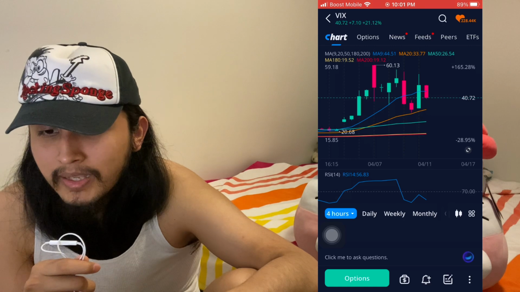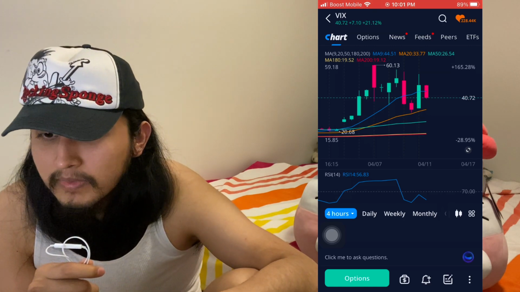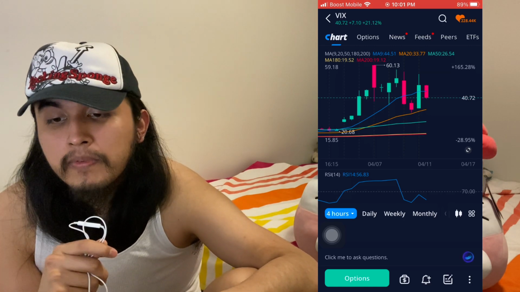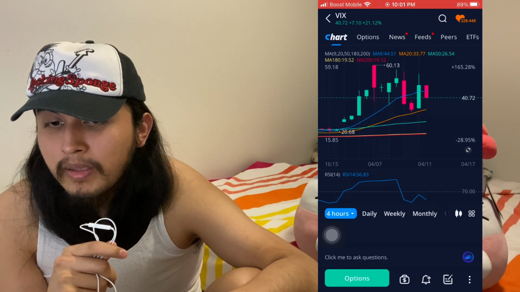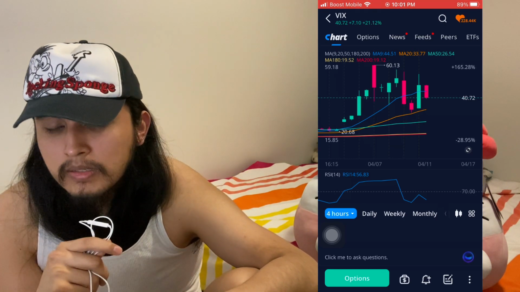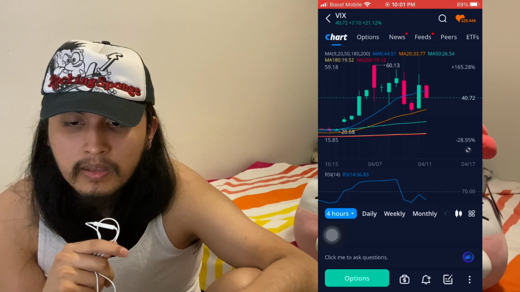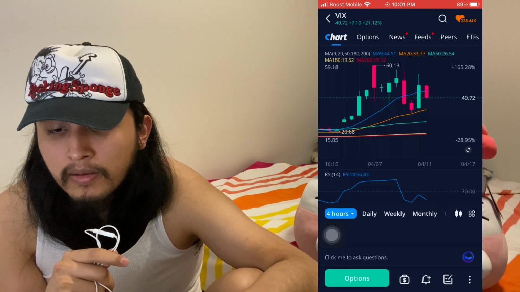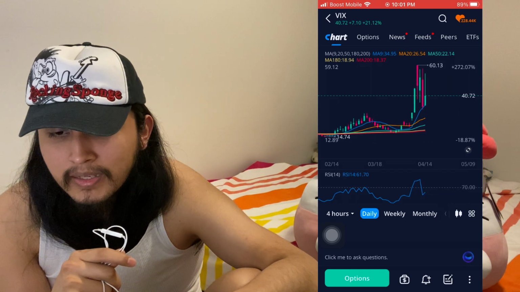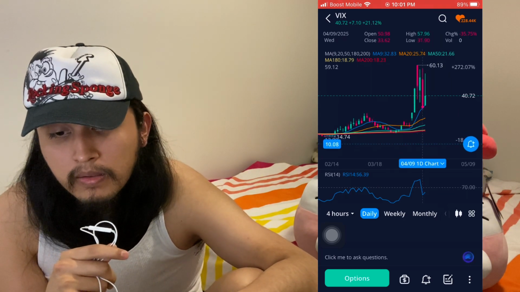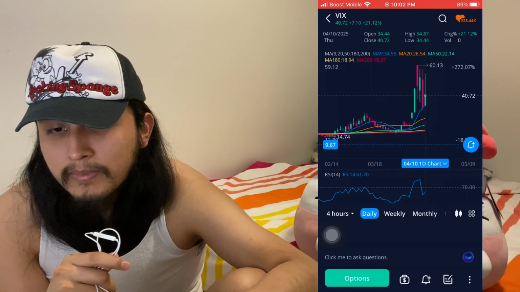Currently, it's below the 9-day moving average, but if it can use that 20-day moving average as support, then we could see a little small bounce from the VIX and more further momentum towards the upside. And on the daily chart, it looks like it used the 9-day moving average as support and bounced off of it. So we'll have to see what happens.